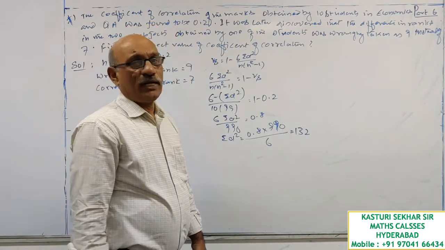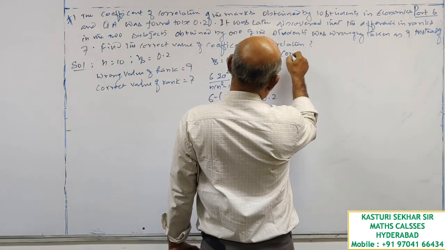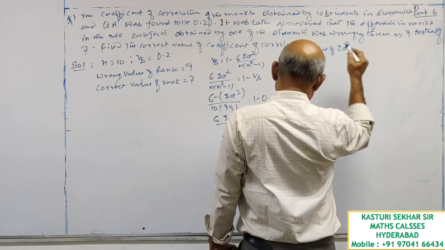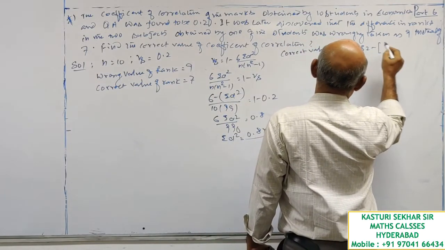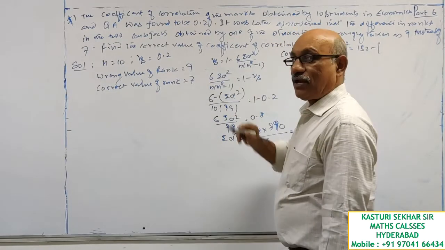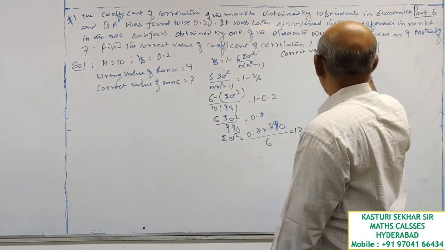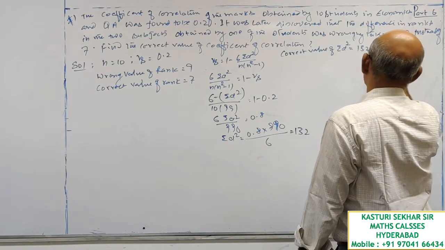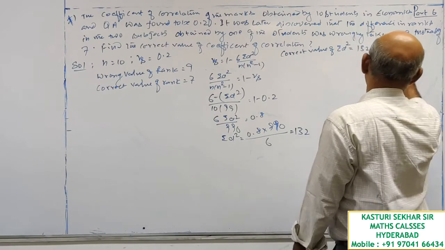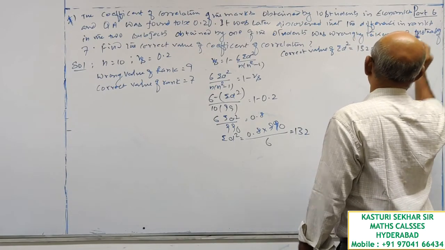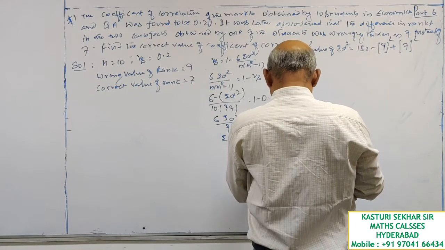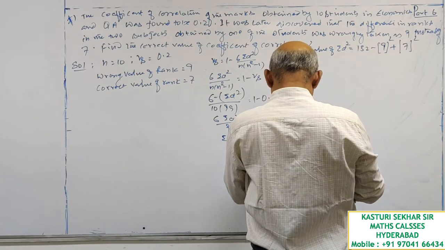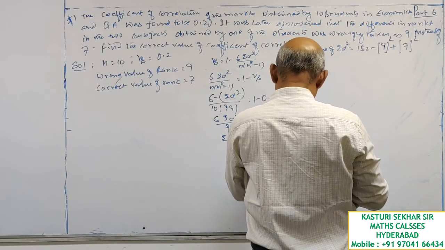So the d square total is obtained. The correct value of summation of d square is 132 minus the square of the wrong value plus the square of the correct value. Why am I squaring? Because it is a d square value. So this is 132 minus 81 plus 49, which is 100.